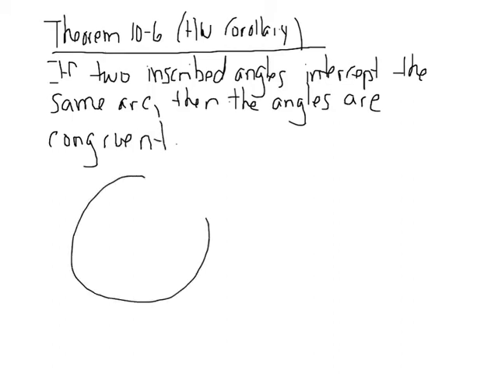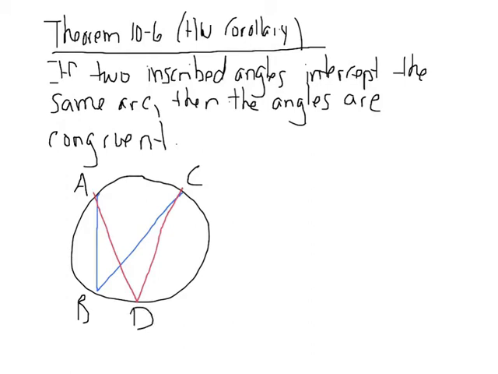So here's my circle. Here's one inscribed angle. Here's another inscribed angle. Notice that those two inscribed angles both intercept the same arc. Let's say the blue angle is angle ABC and the red angle is angle ADC.